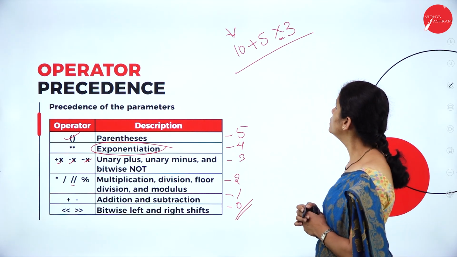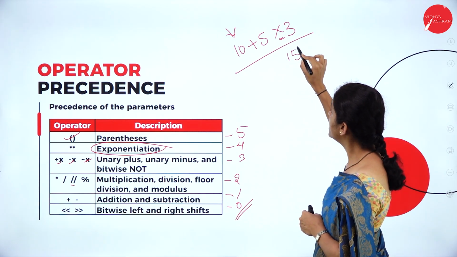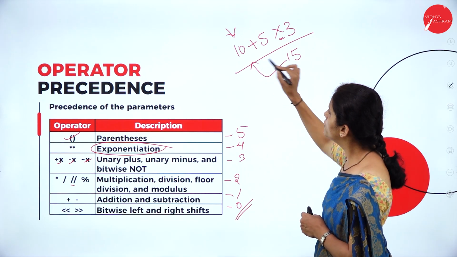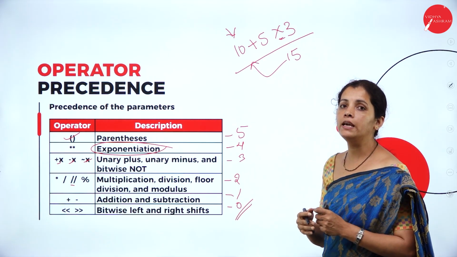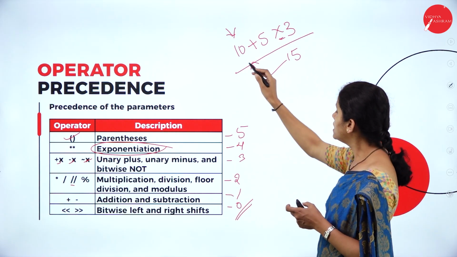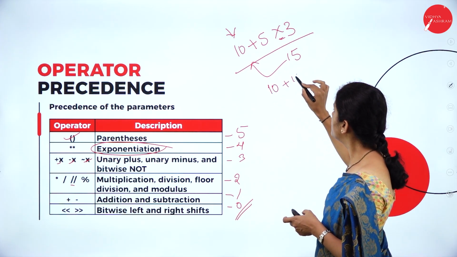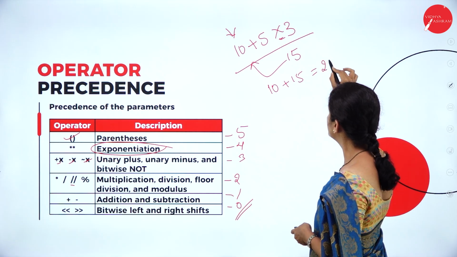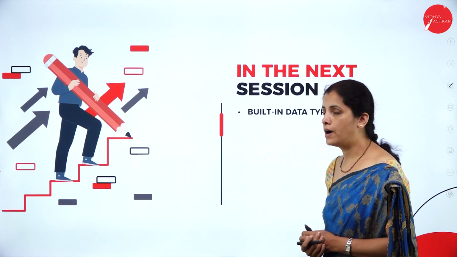So 5 into 3 is 15. Then I add it to 10. The plus operator has lower precedence compared to star. Now I perform 10 plus 15. It is 25. The output here is 25.